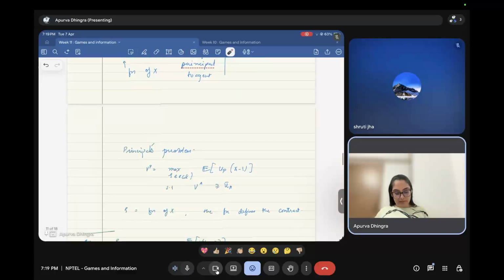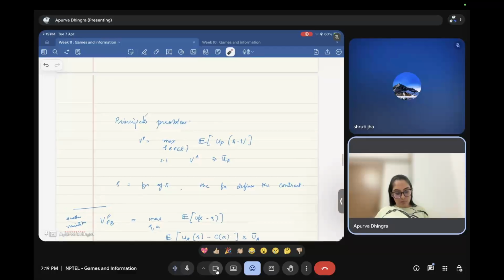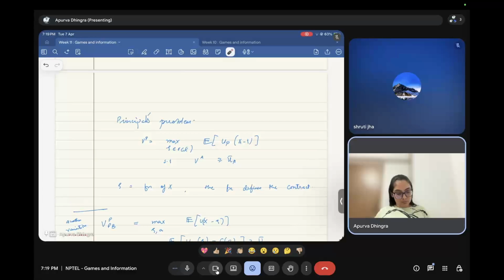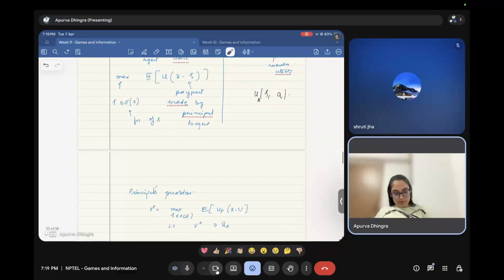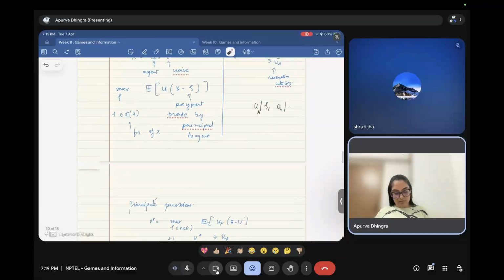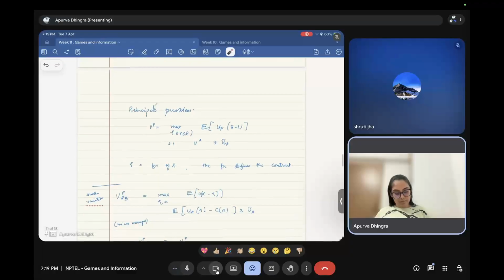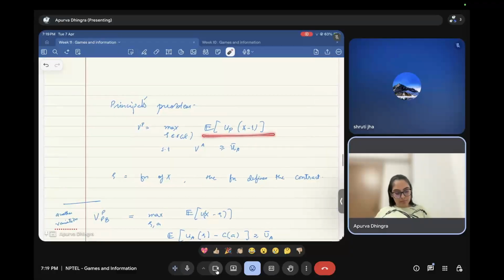And on the other side, the principal's problem would be to take his expected utility, which depends on this x and the function, the wage sort of, and all he's supposed to do is maximize this quantity for all the possible wages that he can offer to the agent.